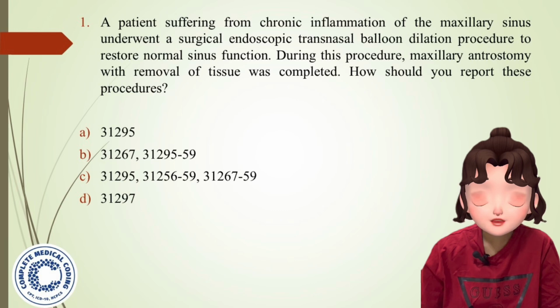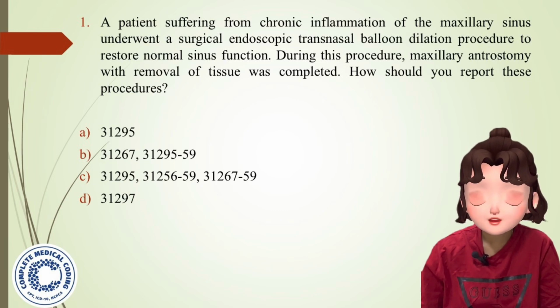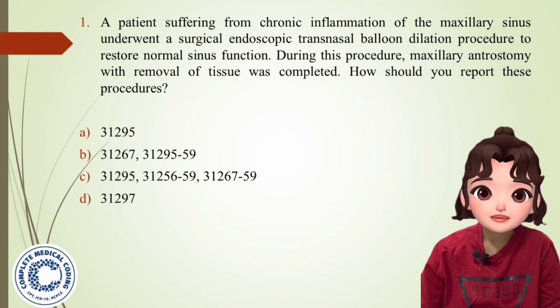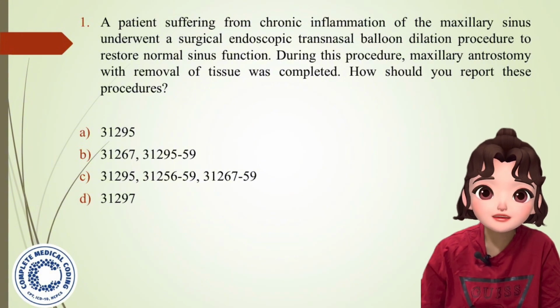Anyway, going to the first option, 31295. What is 31295? Nasal or sinus endoscopy surgical with dilation of maxillary sinus ostium, example balloon dilation, transnasal or via canine fossa. This is by balloon dilation, nasal endoscopy only. So this is what we need.